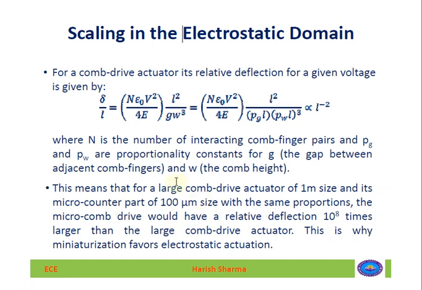If one comb drive has dimension L of 1 meter range, and we design a new one with a 100 micrometer range, reducing the size by 10,000 times, the relative deflection will increase by 10 raised to power 8 times.